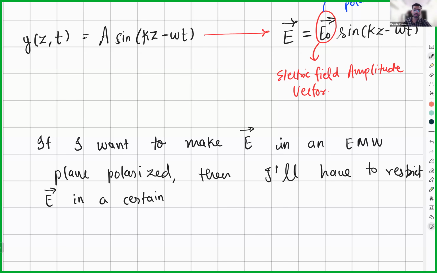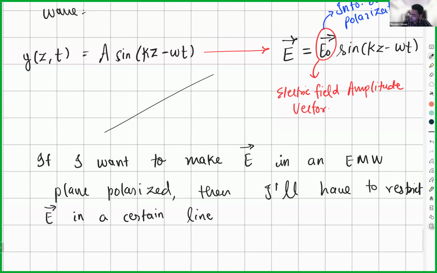In fact, direction is not a good word to use over here. In a certain line, I would say, because a line has two directions, either this one or this one. Why? Because there are oscillations.